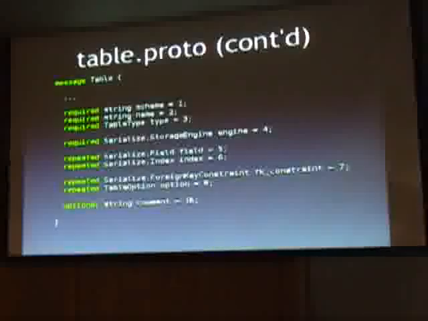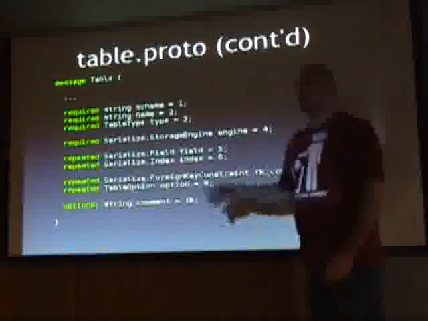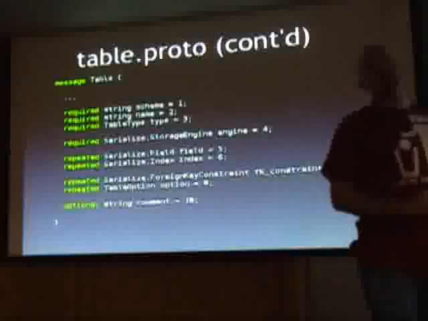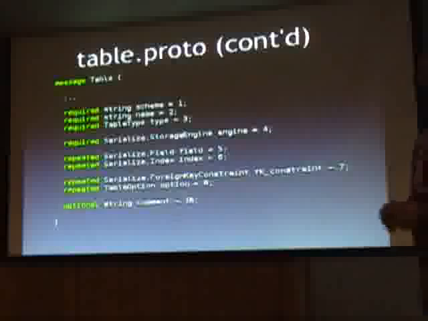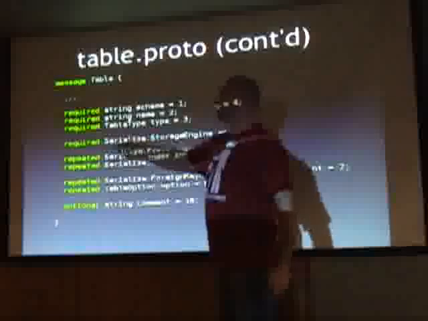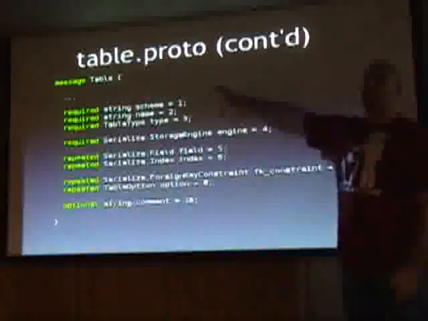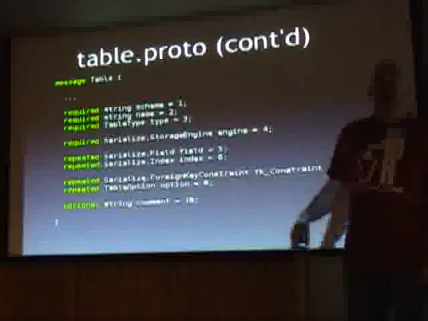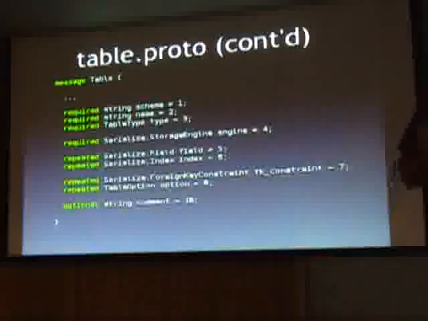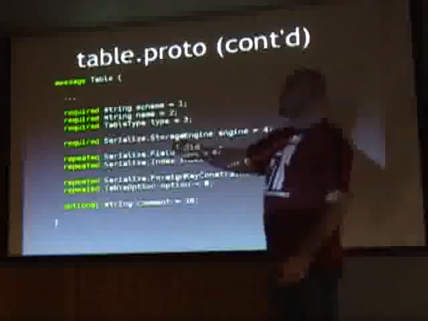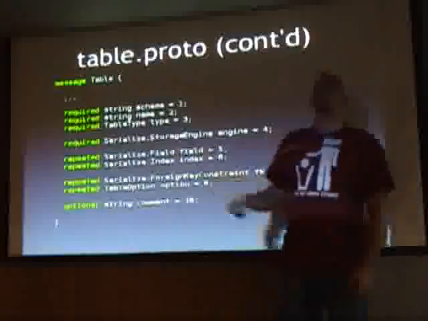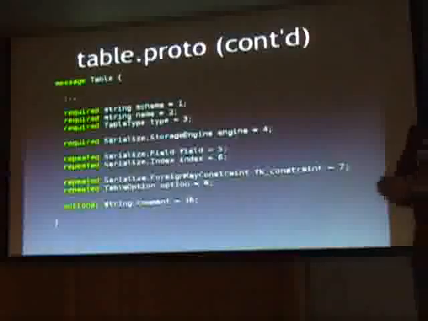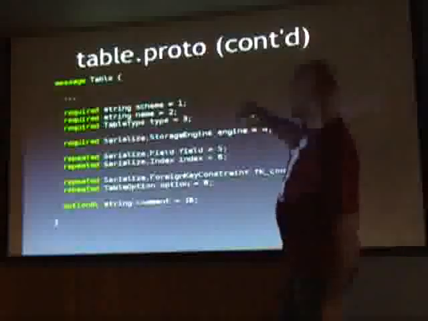Notice that in the beginning I imported the storage engine proto file, and I have the package set as drizzled serialize. In order to say that part of the table message class is an engine, that engine field is of type another message class called serialize.storageEngine. This is a way of encapsulating classes within each other.